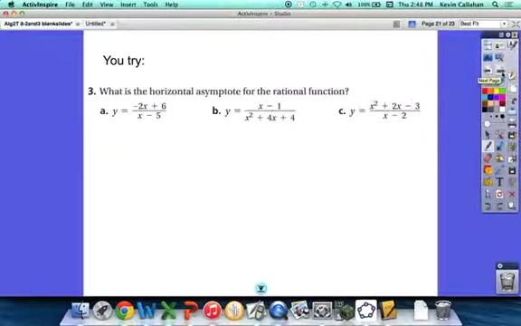So look at those three. You could just write it down to yourself. Which one has y equals 0? Which one has none? One has none.